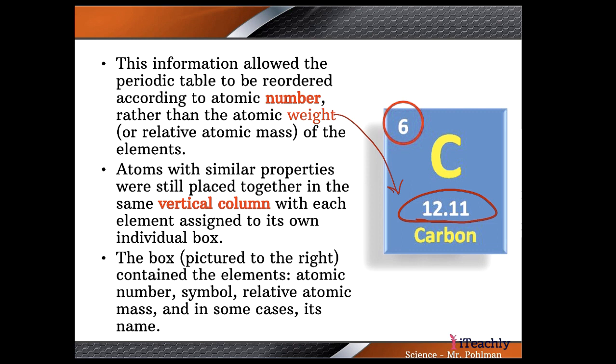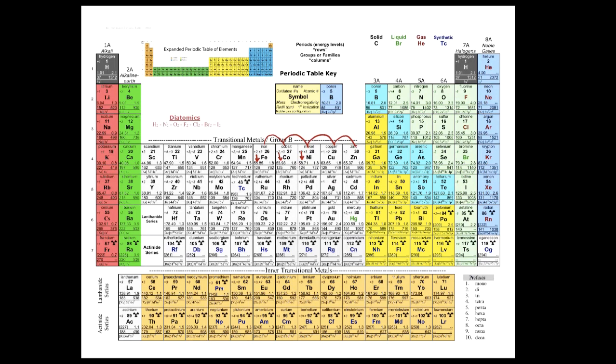So try to identify when you're looking at this, especially when you do the quiz, what the information in the cell is actually telling you. And you're going to see on my table, I help you out with that by this key right here. All of those numbers, all of those charges and letters and symbols, all that stuff is right there for you. You just have to take a peek.